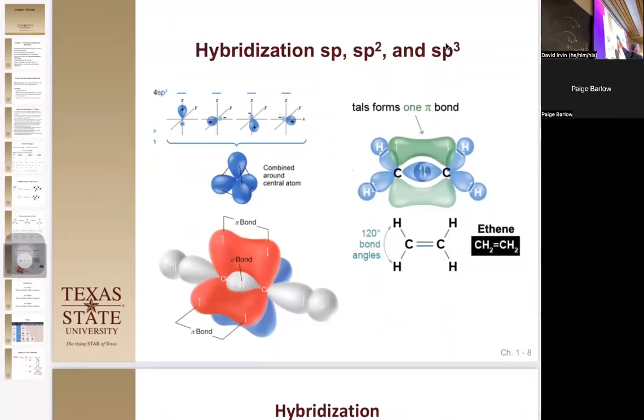So we have substitution reactions, we have an elimination reaction to get here, we have an addition reaction to get back here, we have double elimination to get here. So we have to make sure we know all of our hybridizations. That's why I've been harping on that. It goes from sp to sp2 to sp3 because it changes shape, it changes reactivity.